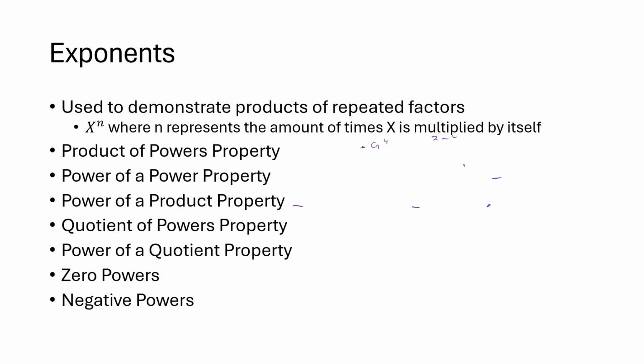Alright, so now we're going to talk about the quotient of powers property, which is when you want to divide powers of the same base. It's similar to the product of powers property.